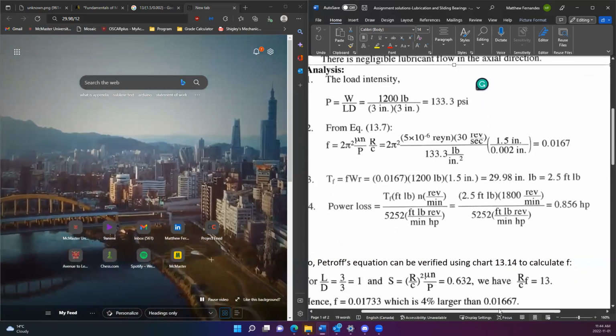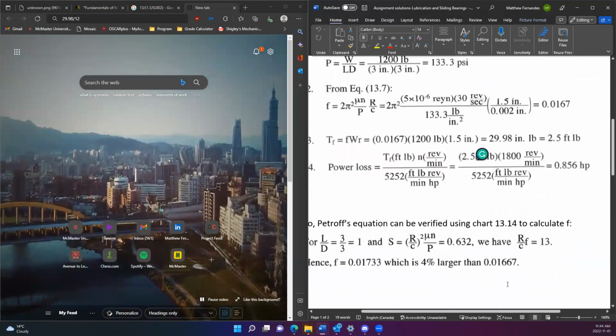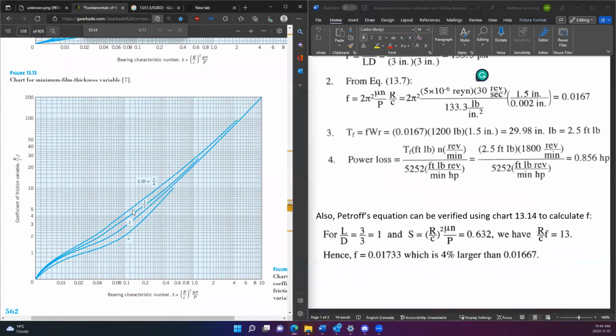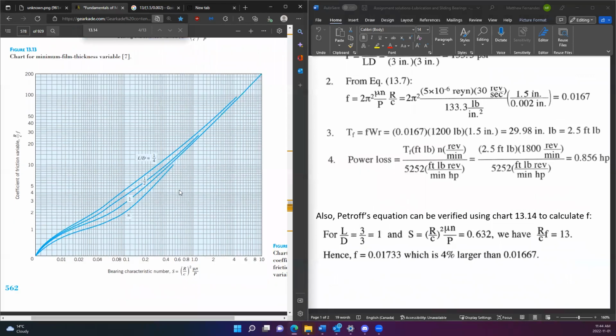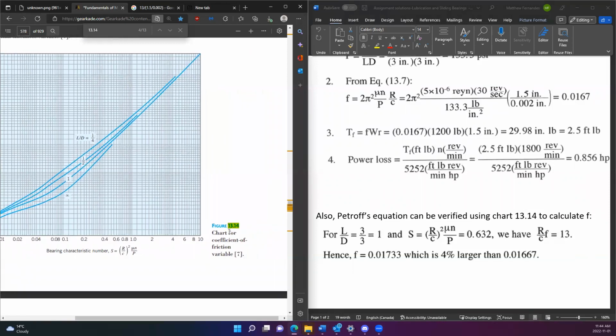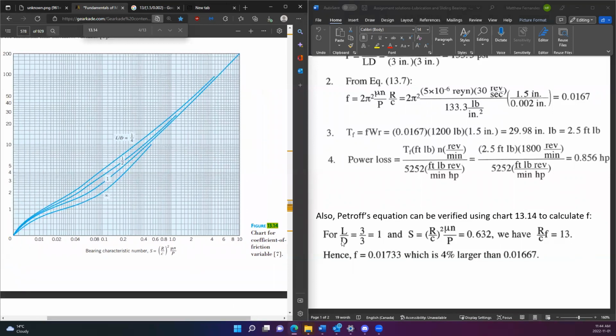So how can you verify this number, or at least this number? We want to go to the chart. So you pop this chart open, 13.14, and you can look here. This is your 13.14 graph. L divided by D is 3 over 3, and you look at these graphs, L divided by D is a quarter, a half, 1.